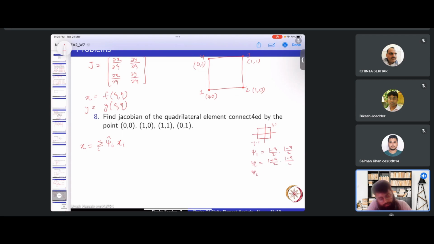Psi 3 is 1 plus zeta by 2 times 1 plus eta by 2, and psi 4 is 1 minus zeta by 2 times 1 plus eta by 2. I think these are the shape functions.